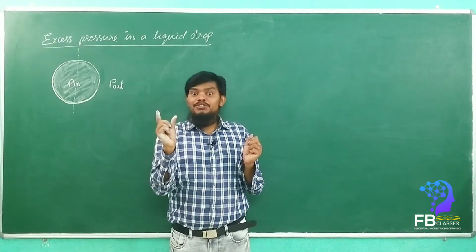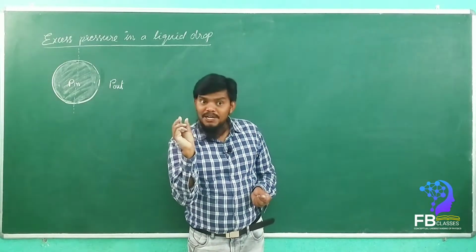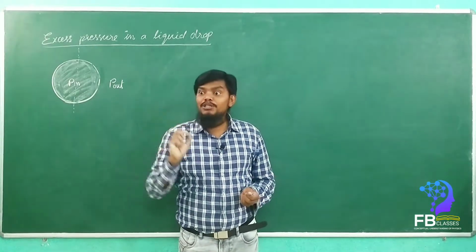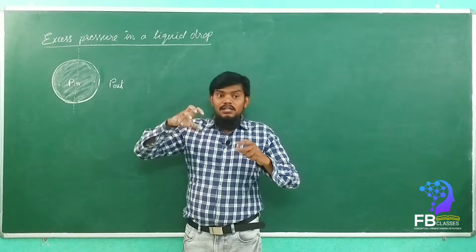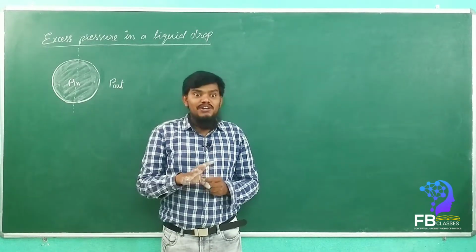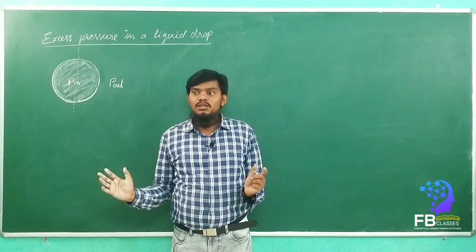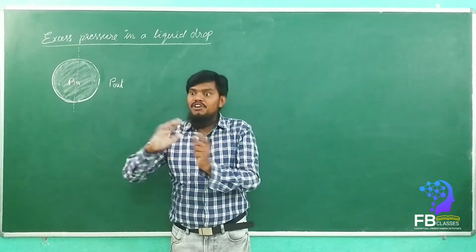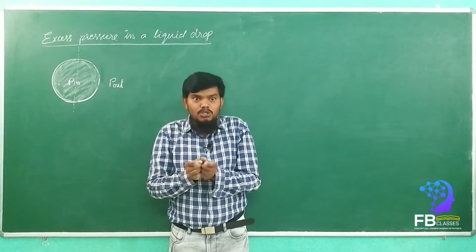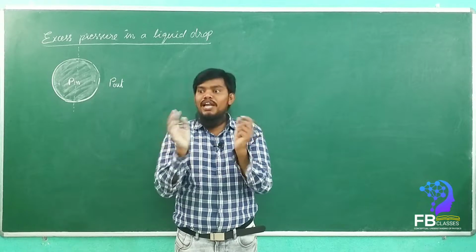So it will bulge. Whenever we take a water drop, it will bulge according to its volume. That means the inside pressure is pushing against the atmospheric pressure. That's why the atmospheric air goes away from the liquid drop.